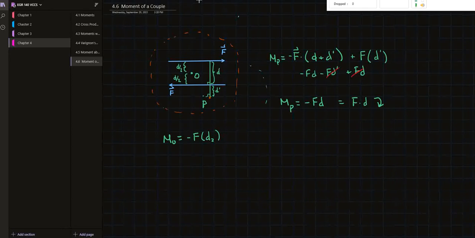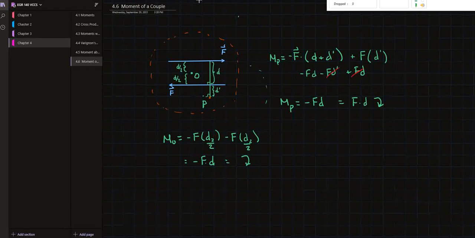Our second force is also going negative here, F times d over 2. So this equals minus F times d over 2 plus d over 2, which is d. So it is the exact same moment.